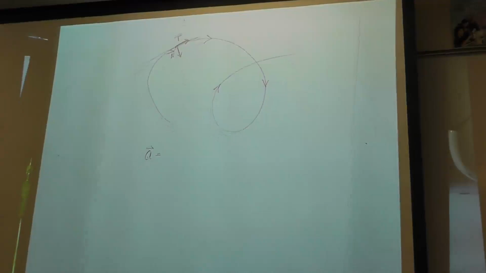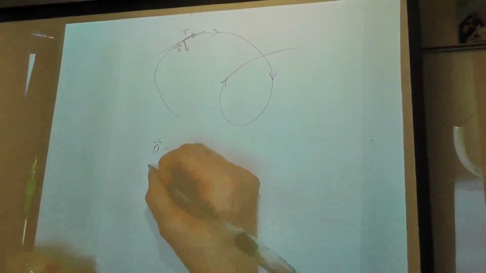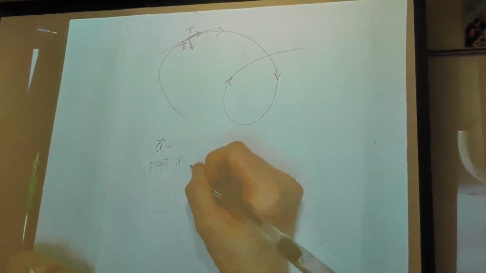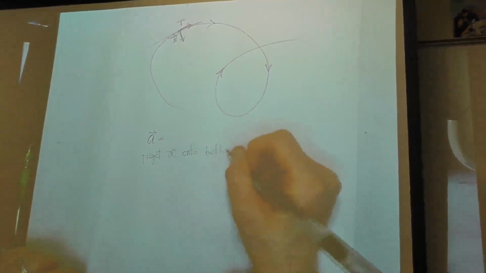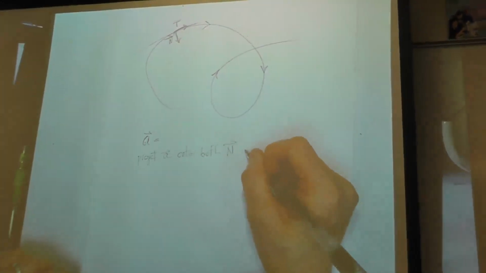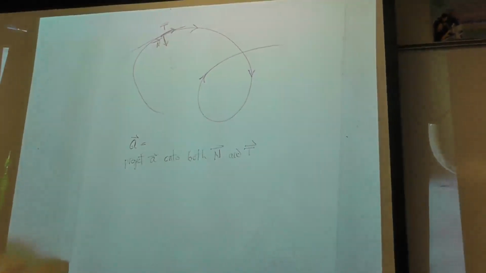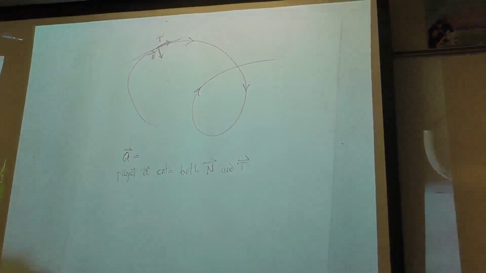And typically what people do is they project A onto both N and T. N and T are unit vectors.